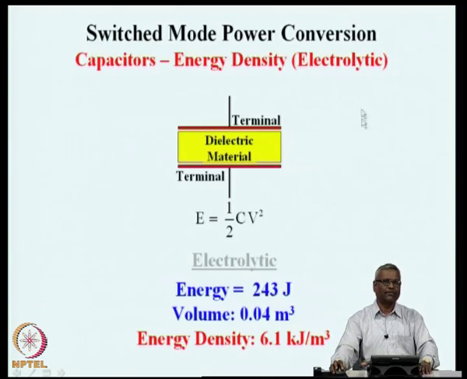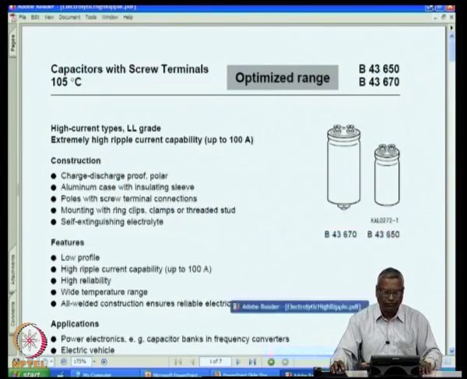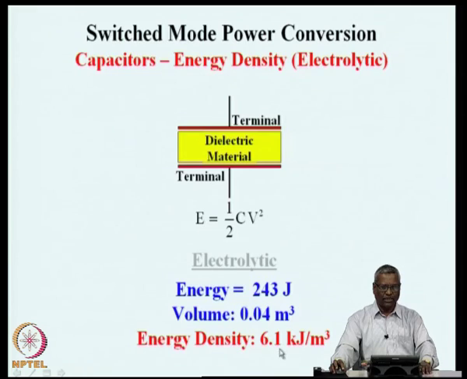Against this, we also have electrolytic capacitors which are unipolar. They can withstand only one polarity of voltage. In such capacitors, these have the foil terminals and an electrolyte in between, and some process which increases the effective area of cross section of the dielectric material, which in effect gives rise to an energy density of the order of about 6 kilojoule per meter cube, or you can roughly take it as almost 10 times more than what can be obtained in bipolar capacitors.